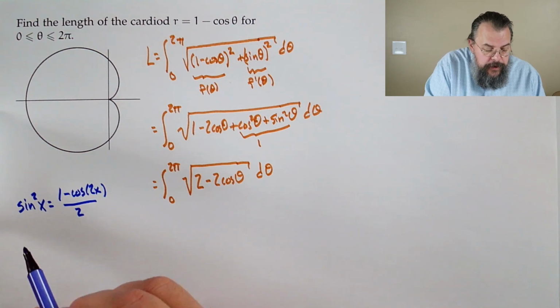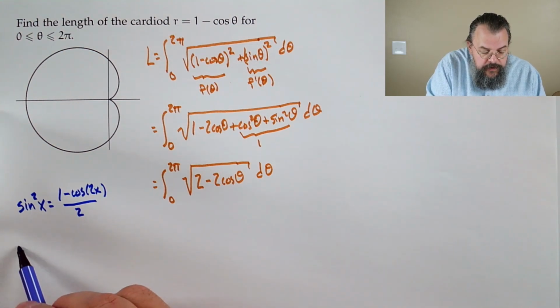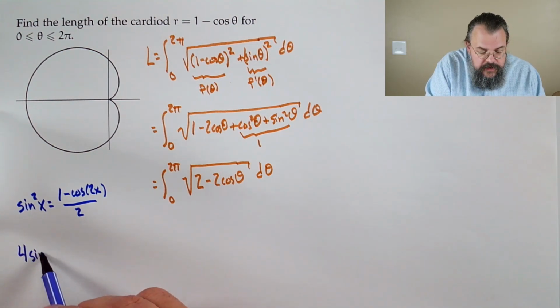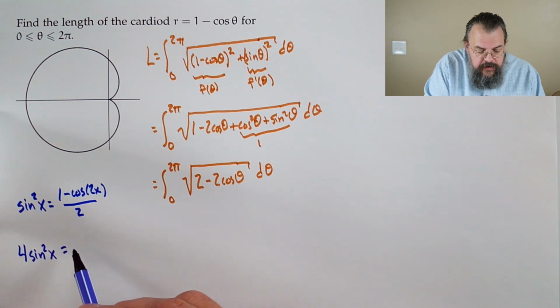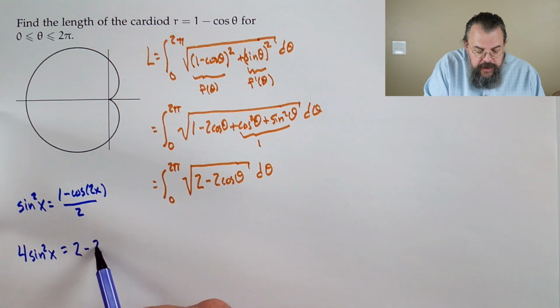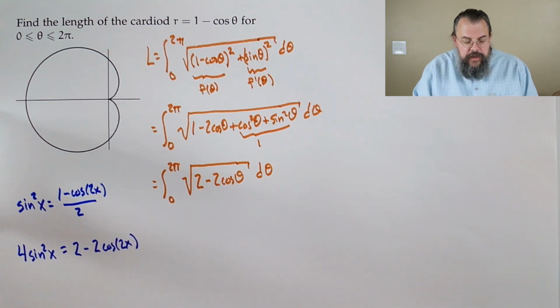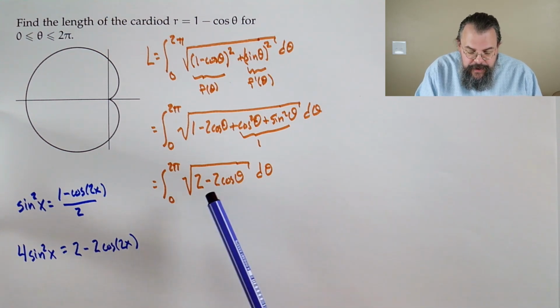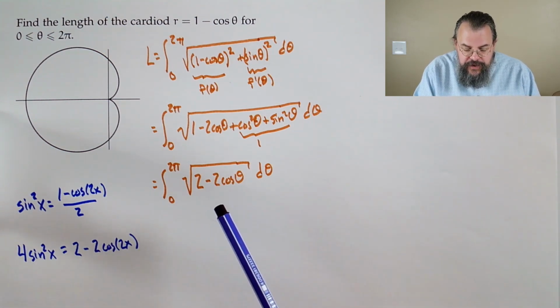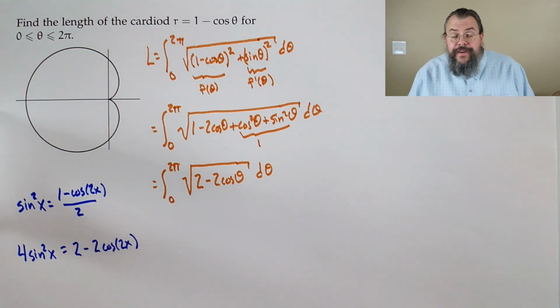If you multiply it by 4, what do you see? 4 sine squared of x is equal to, 4 over 2 makes 2, so 2 minus 2 cosine of 2x. And now we're like, that looks a lot like what we have here: 2 minus 2 cosine of something.